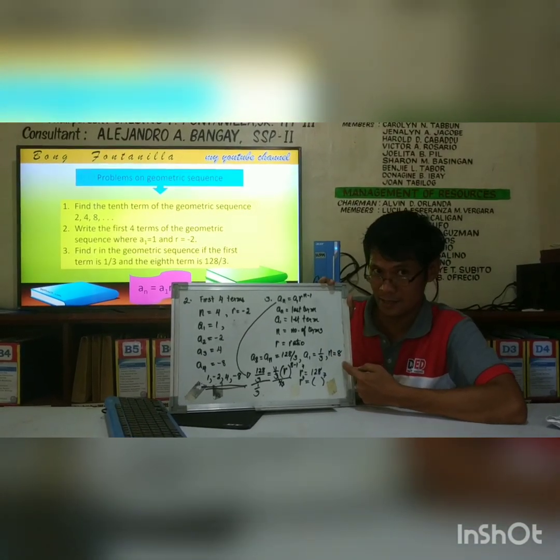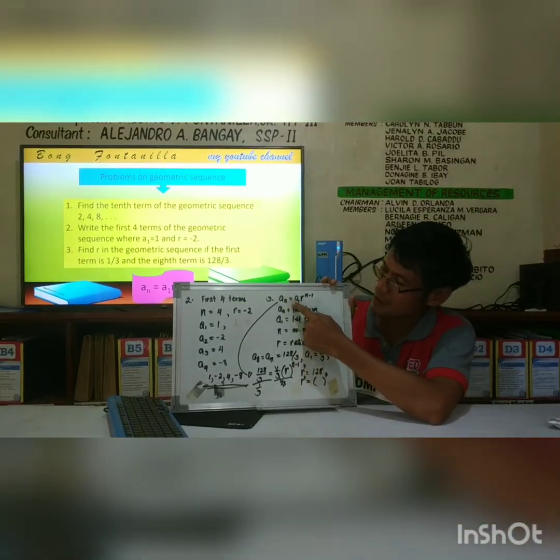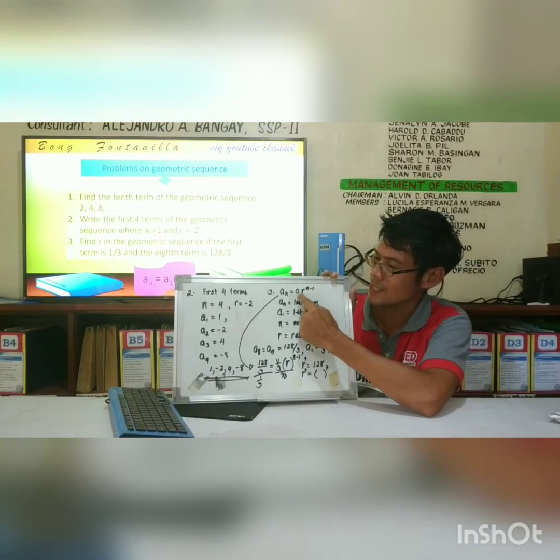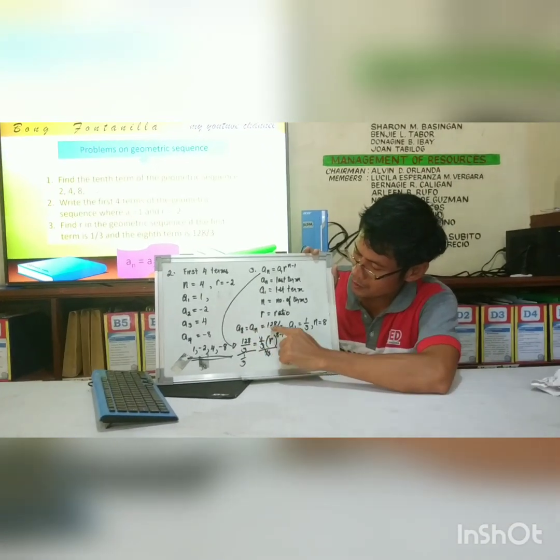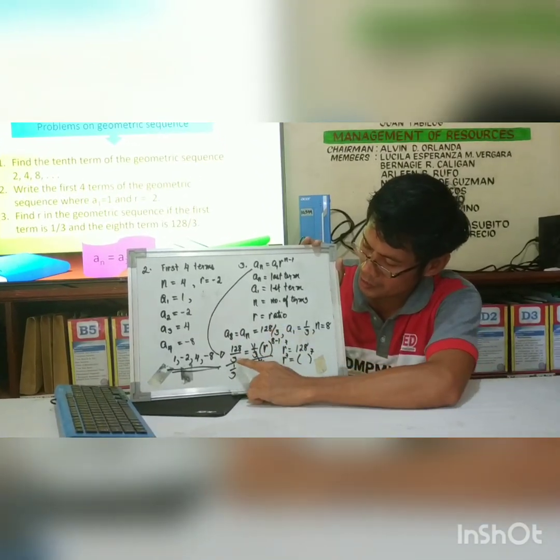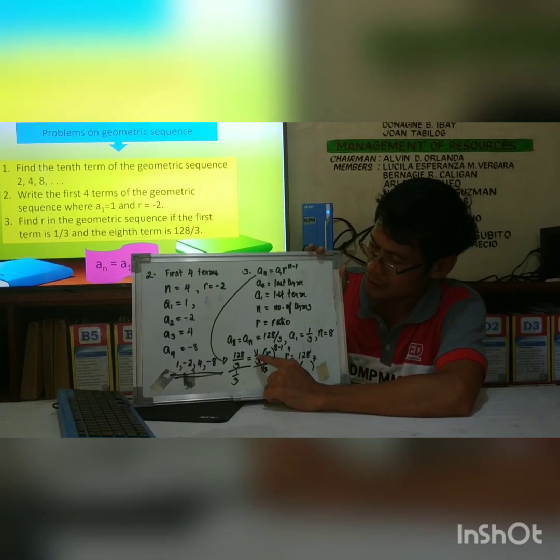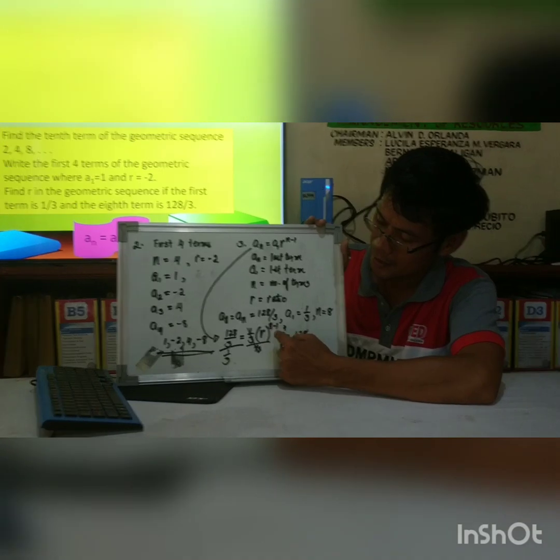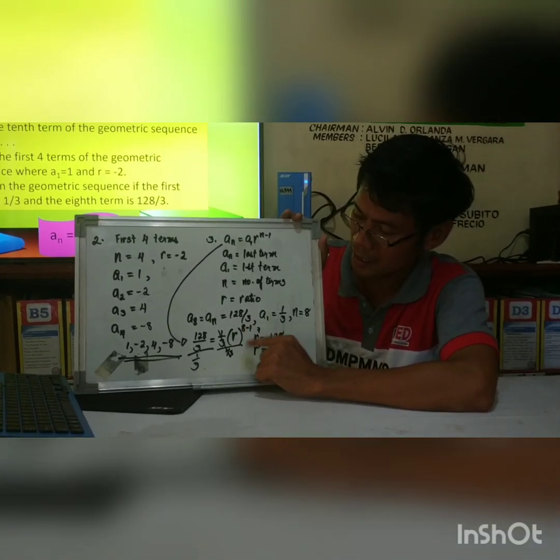N is 8. So from the formula, you have a sub n is equal to a sub 1 times r raised to n minus 1. Substitute. A sub n is 128/3, so we have 128/3 there. Equals our a sub 1, 1/3, times r raised to, our n is 8, 8 minus 1.